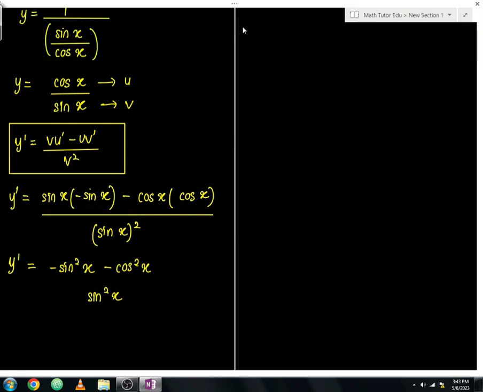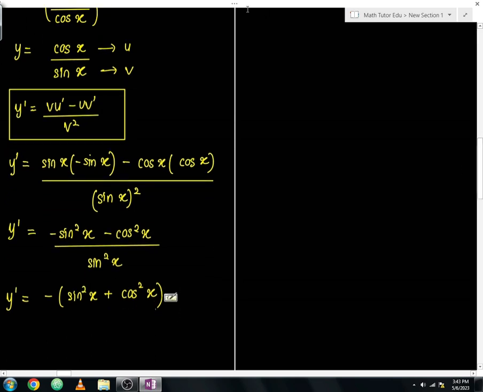Here what we're going to do is factor out the negative sign. At the numerator we factor out the negative, so we are only left with sine square x plus cos square x, and then divide by sine square x.